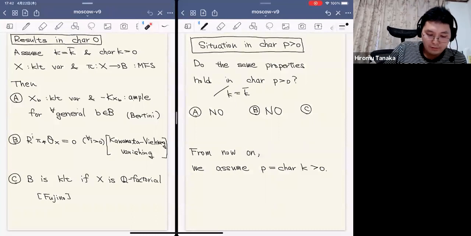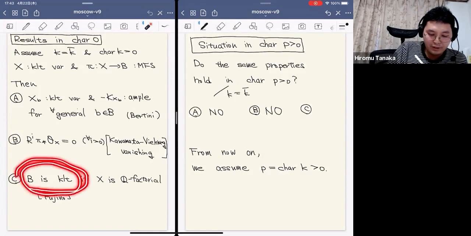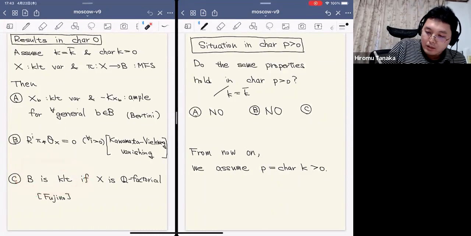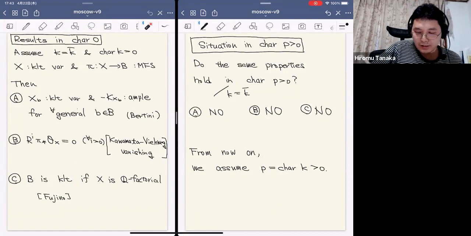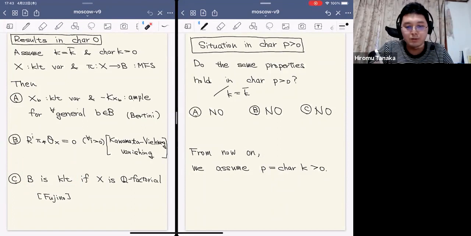As for the third property, which asks whether the base is KLT or not, the answer is again no. So everything is false for each question. Even for algebraically closed fields, we have negative answers.